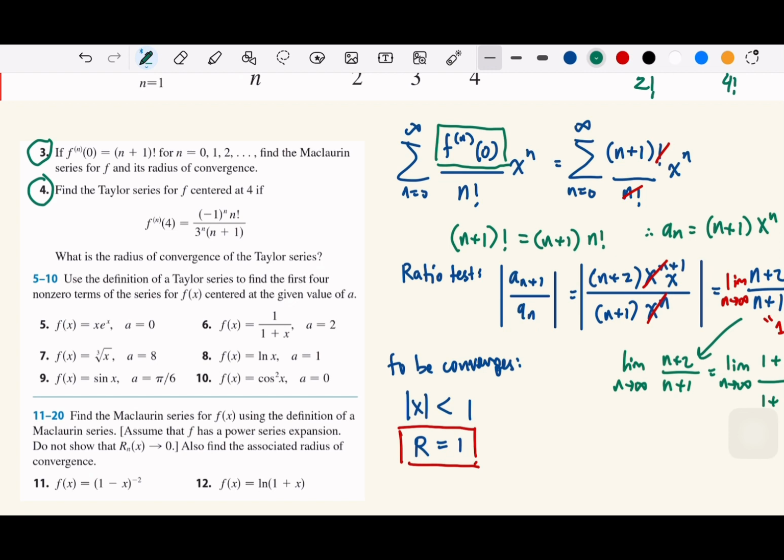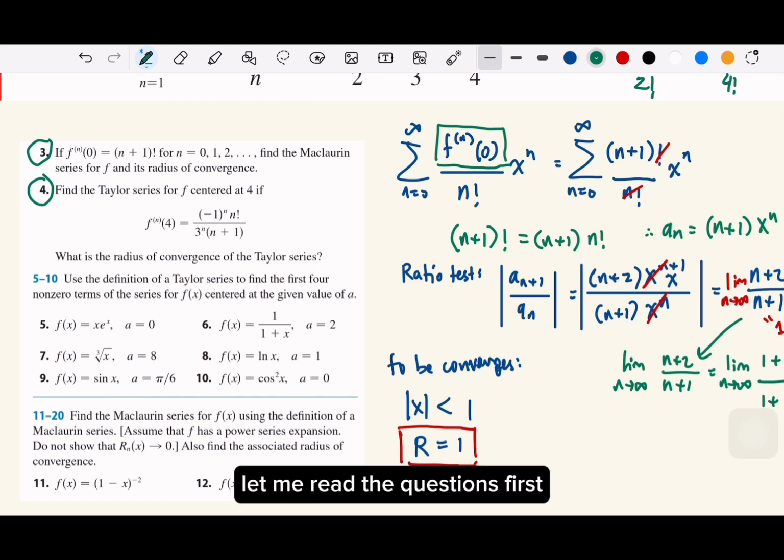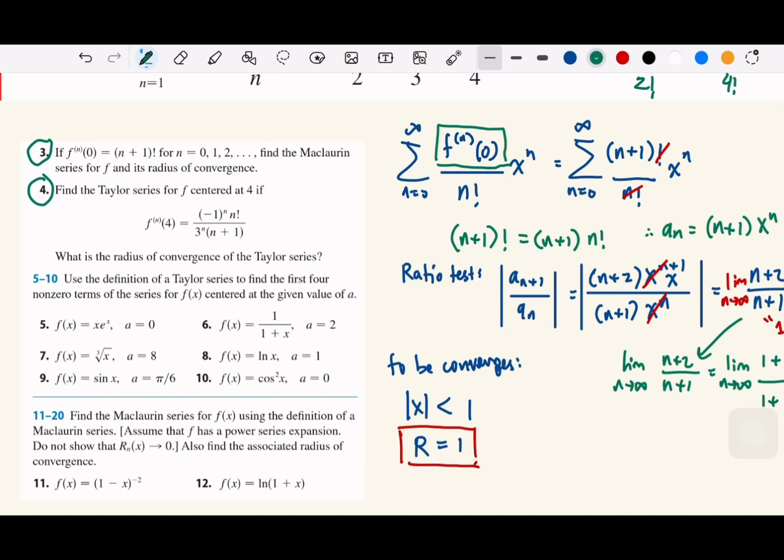Any idea? Let me read the question first.